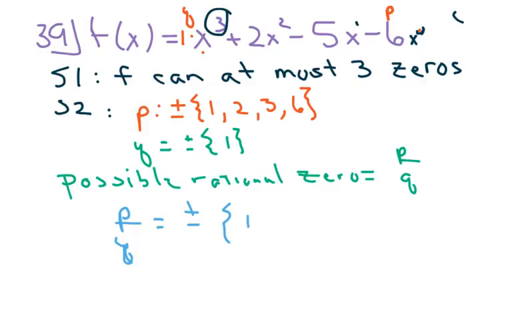So it's just going to be 1, 2, 3, and 6, plus and minus. Now, from here, we have to choose which one might be a factor. These are just possible rational zeros.